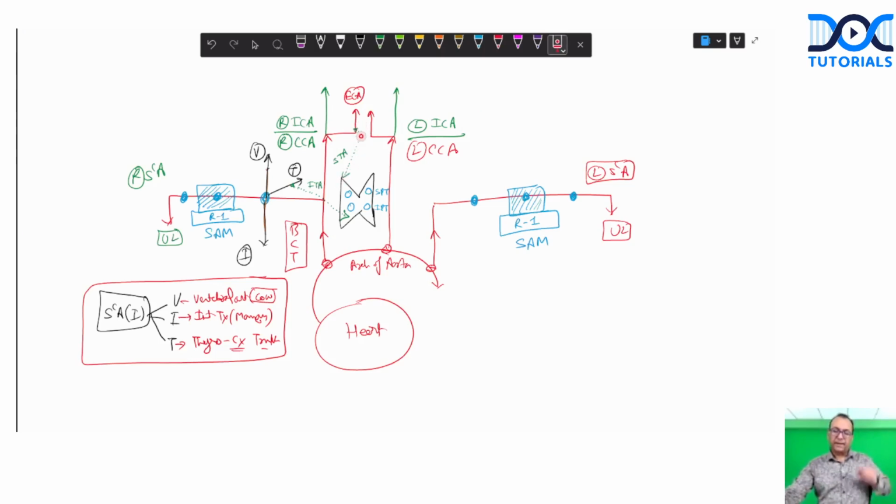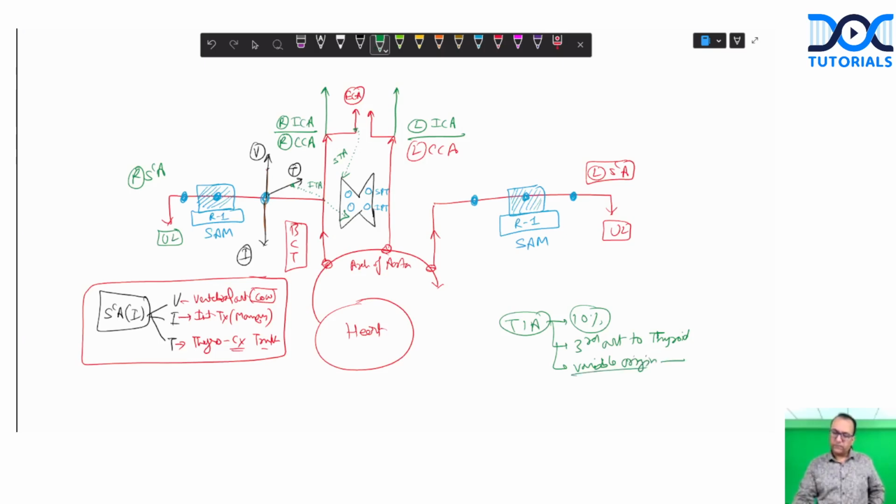And 10% of people can have a third artery to the thyroid, which is called the thyroid ima artery. So the thyroid ima artery is present in 10% of people, and it is the third artery to the thyroid. Where is it coming from? It has a variable origin. What do you mean by variable origin?